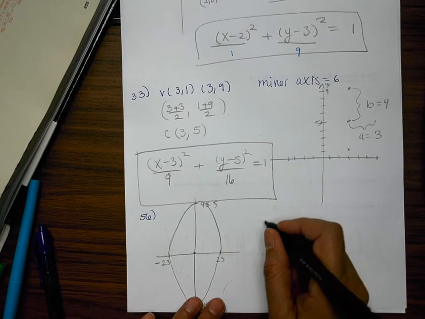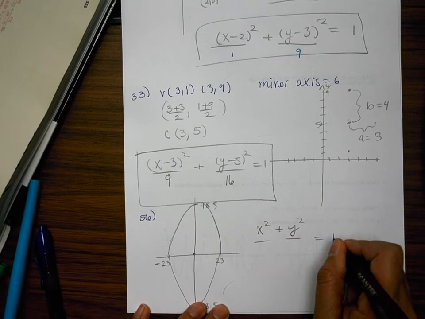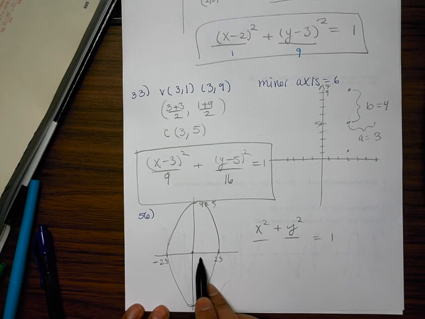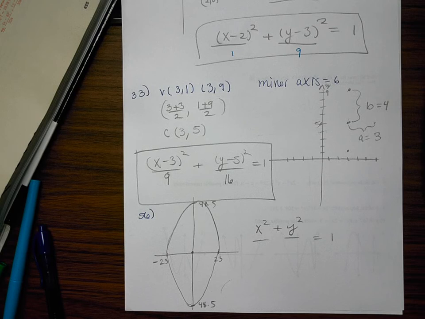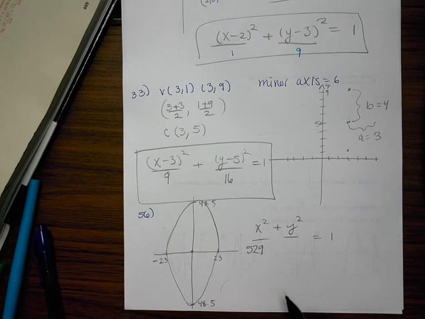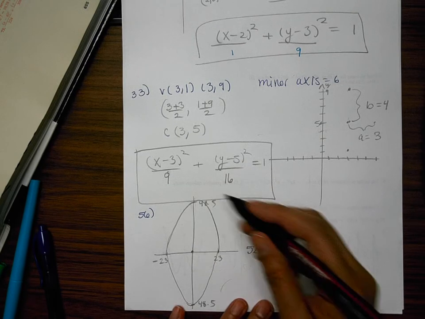All right, x squared plus y squared, and that's because I set it up at the origin. The right and left length is 23, and 23 squared is 529. Yes, 529. And the up and down length is 48.5, and 48.5 times 48.5 is a big number.